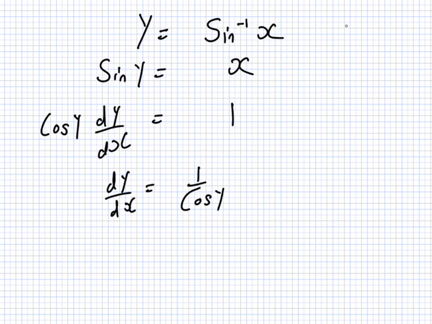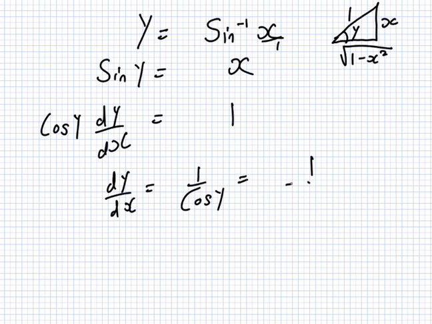Now I can draw the triangle here. This has opposite of x, hypotenuse of 1, and adjacent of root 1 minus x squared. And this is y. So you can see from here that cos y is root 1 minus x squared.